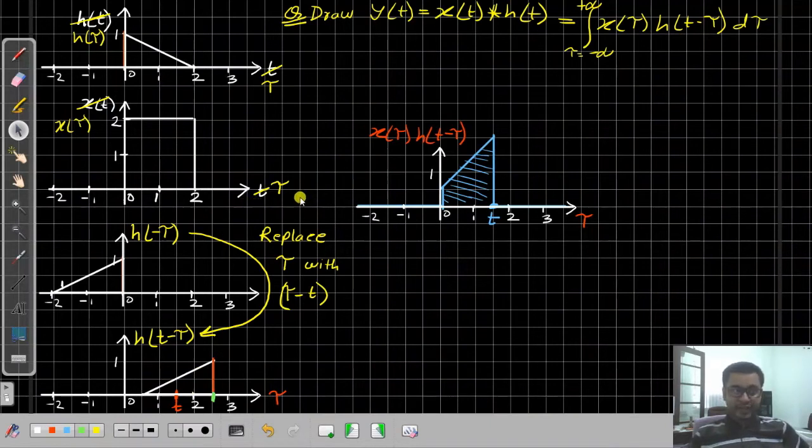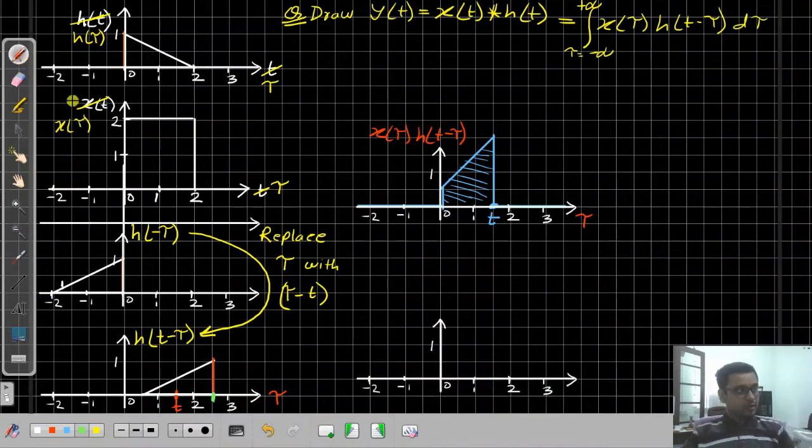This way we can calculate the output at different time instants and draw how y(t) varies with time t. Let us draw y(t) now. Let me draw y(t) here as a function of time t.